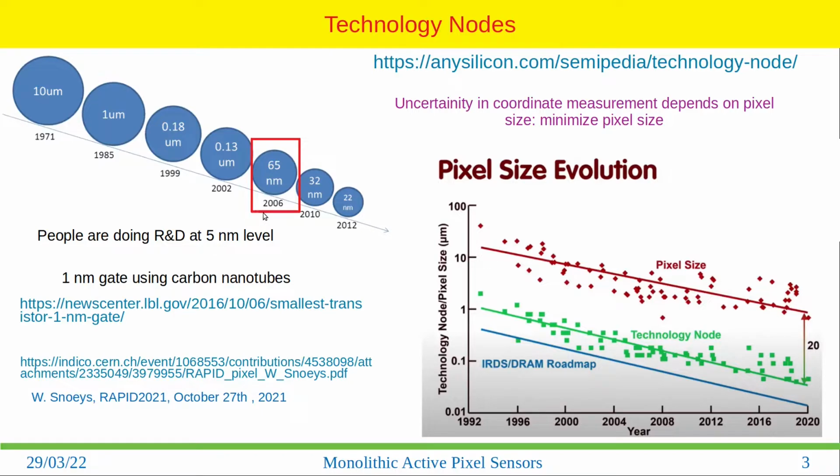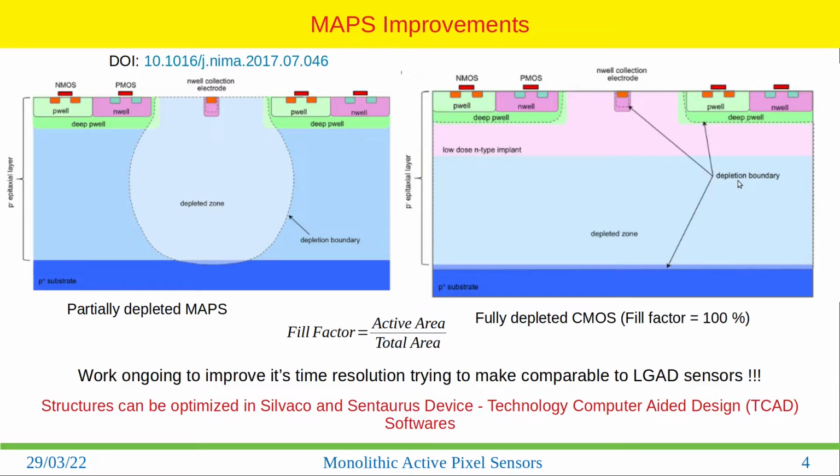If you have a lower gate length, then that allows us to create pixels of lower size, and that will ultimately reduce the uncertainty in the measurement of the coordinate which we want to measure in the experiments. And then the improvements in the MAPS.